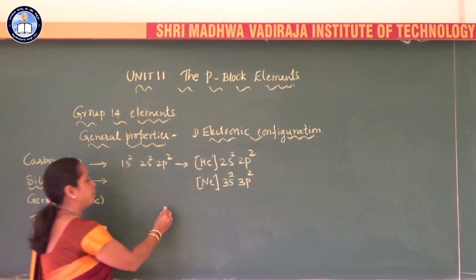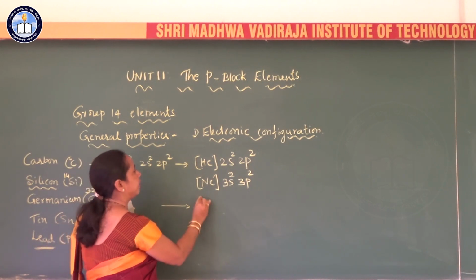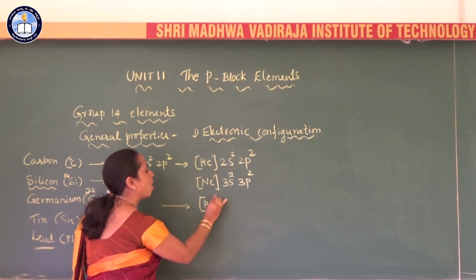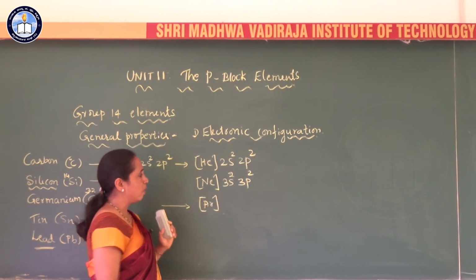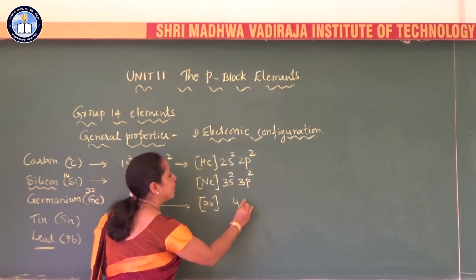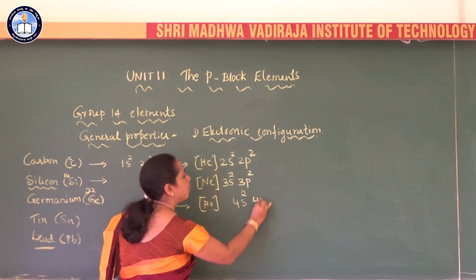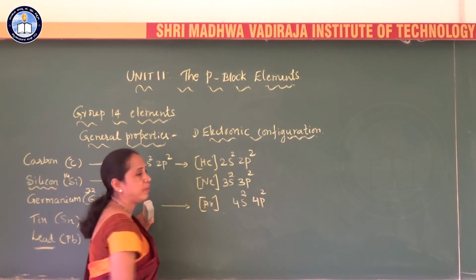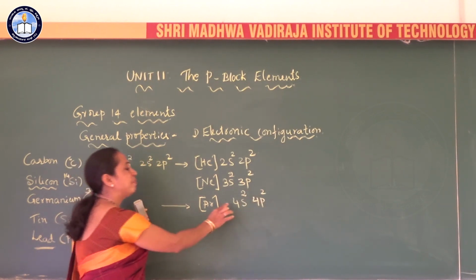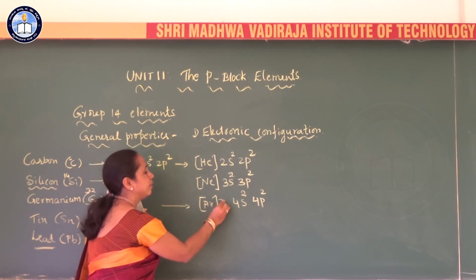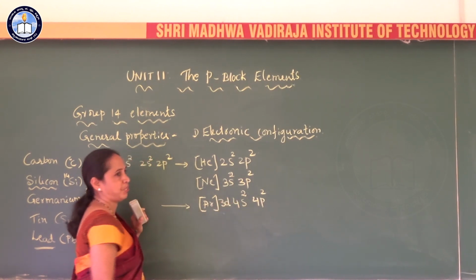Now if we write the configuration, we are going to get the next noble gas after helium, neon, and after neon comes argon. Argon, and in the next orbital, 4s orbital contains 2 electrons and 4p level contains once again 2 electrons. But before the fourth shell, inside there is the 3d subshell.